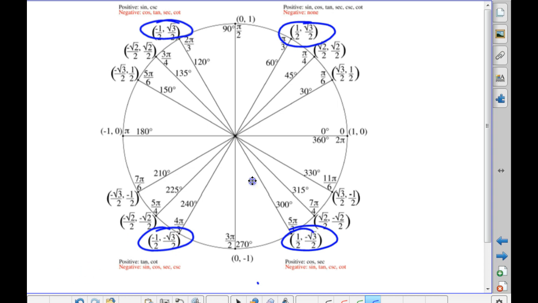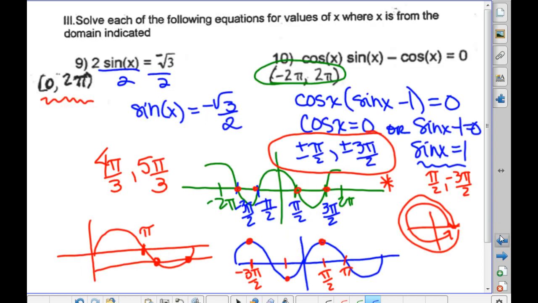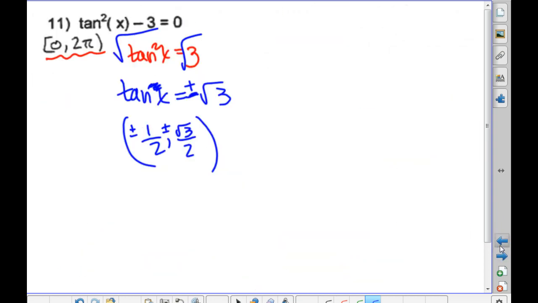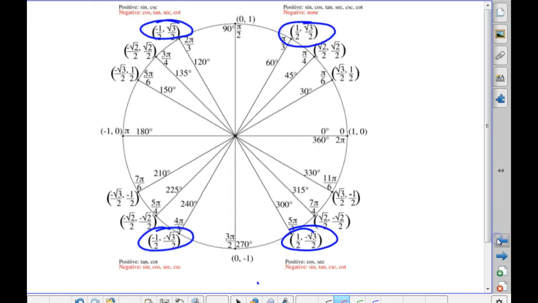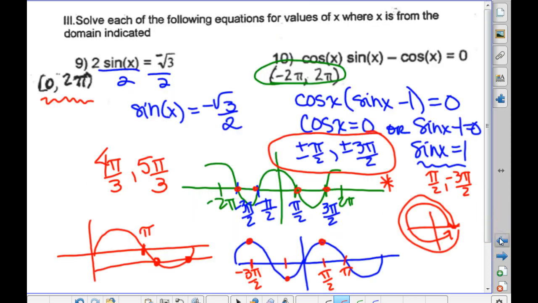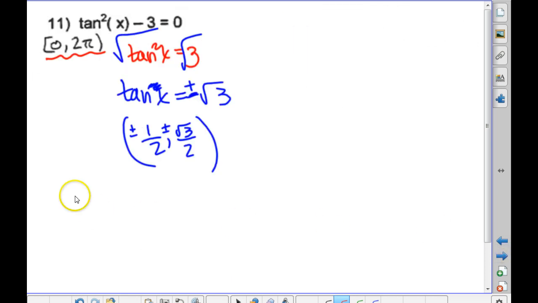Now what were the directions to this question? All answers 0 to 2 pi. So what do we need and what do we not need? We don't need a plus or minus. How many solutions do we need? It says all the way from 0 to 2 pi. If it was plus or minus, there were how many places? Right? 4 solutions worked. So we need to list all 4 of those.